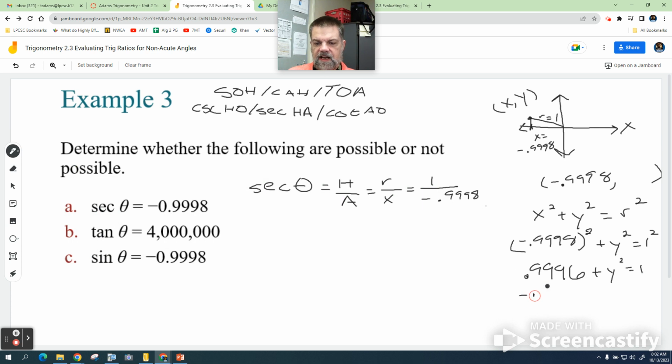So now I need to subtract this from both sides. I ran out of room. And I end up with y squared is equal to 0.0004, right? I think. Let's double check on the calculator.